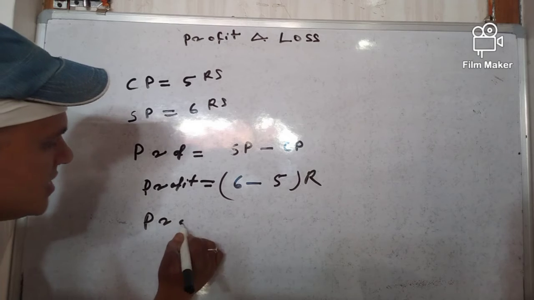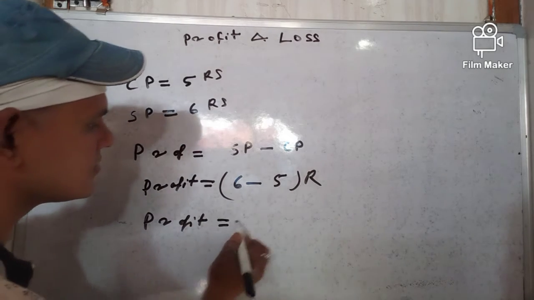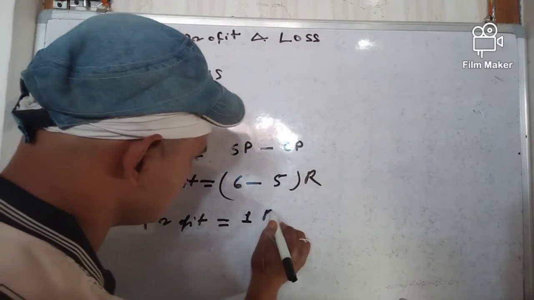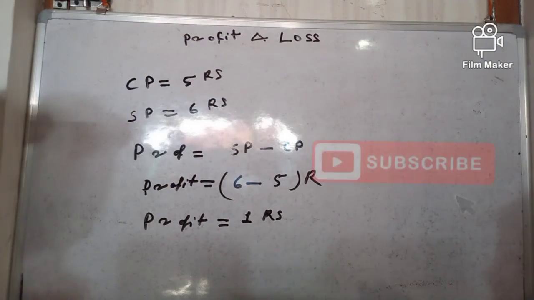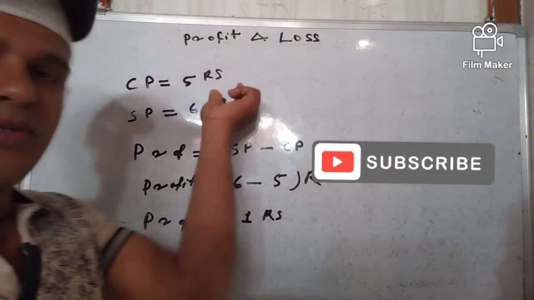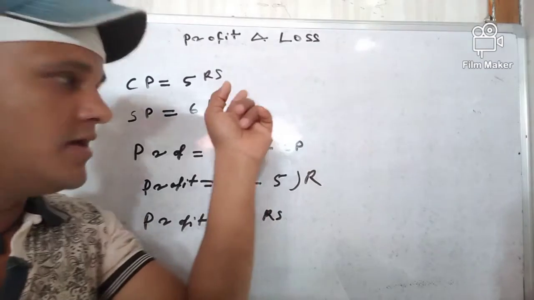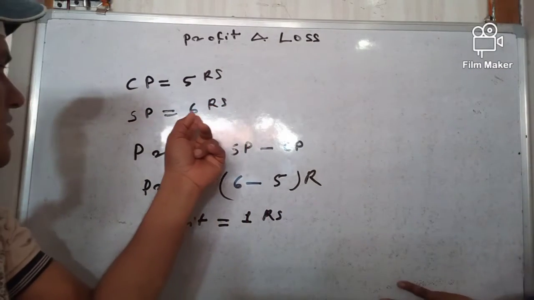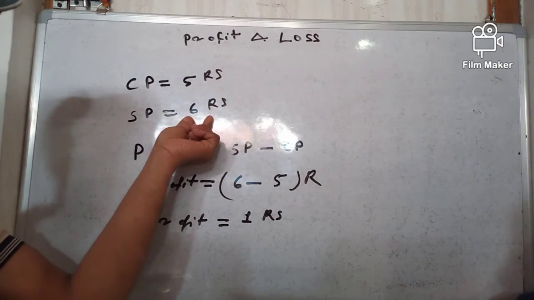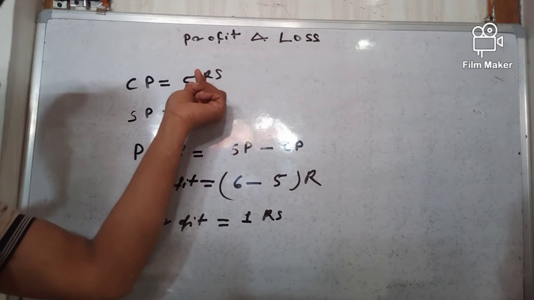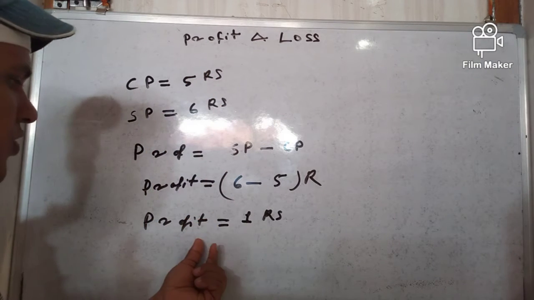So profit is 1 rupee. See once again, CP is given 5 and SP is given 6. So 6 is greater than 5, and 1 rupee comes as profit.